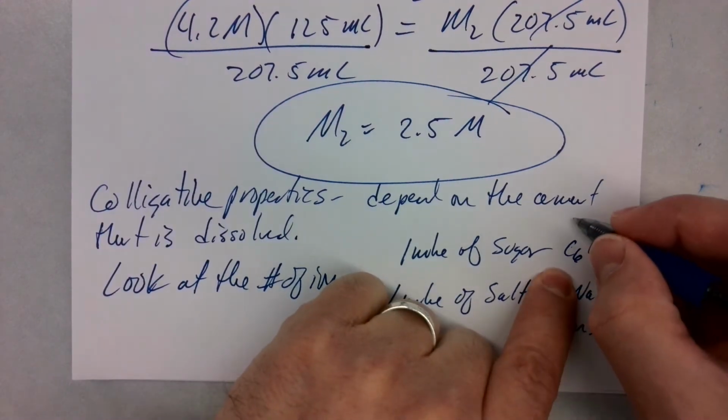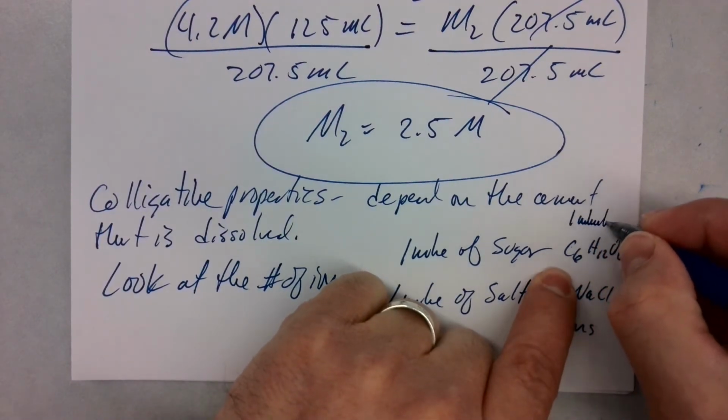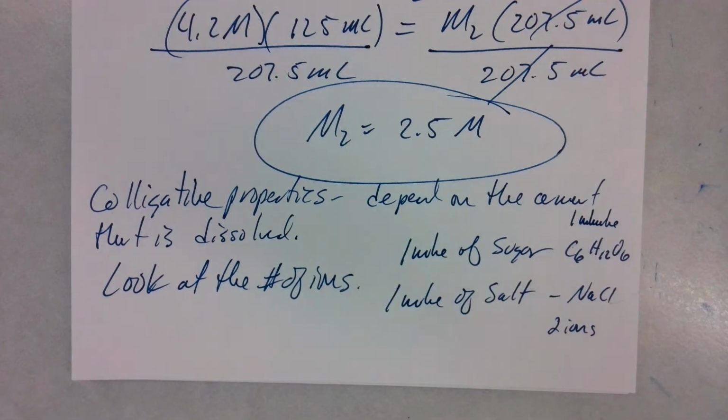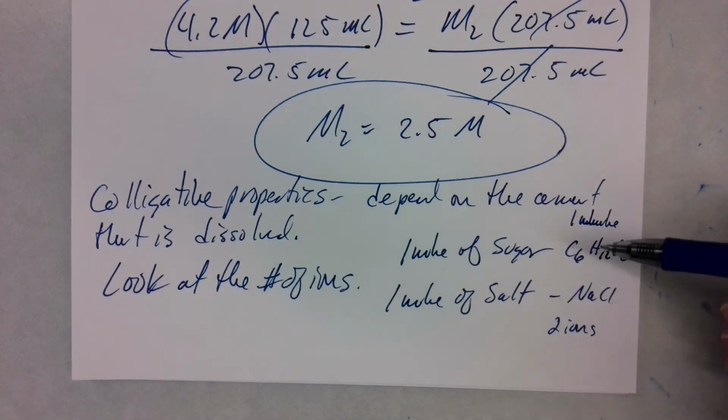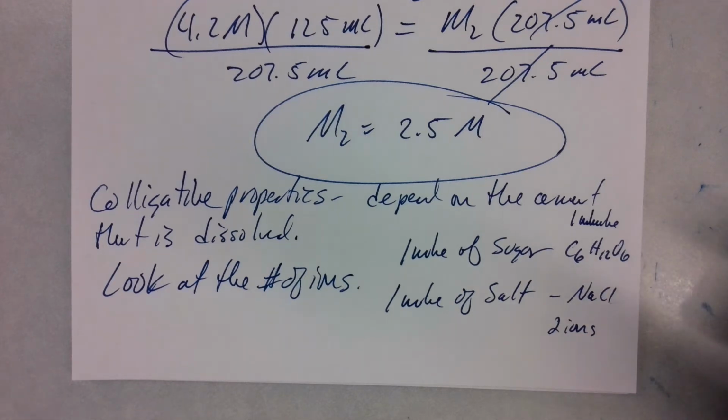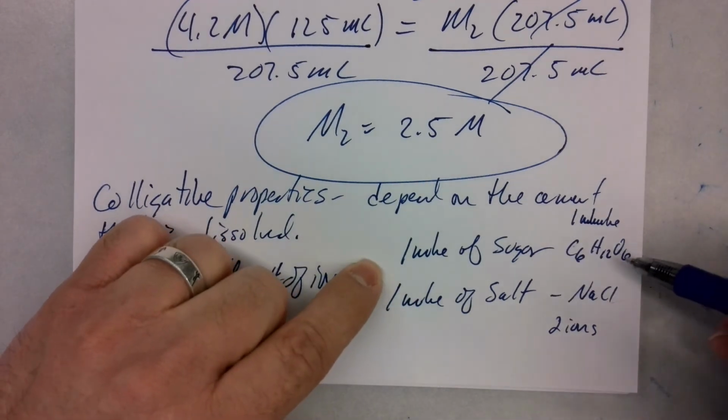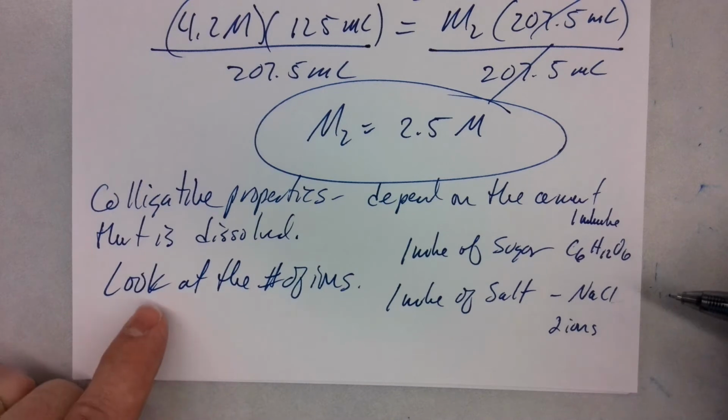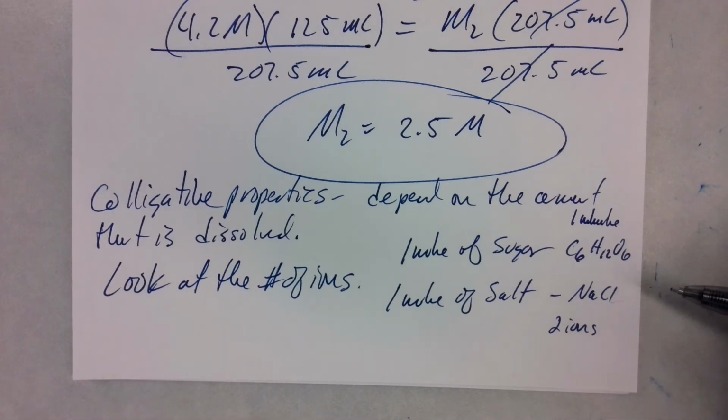This one only gives me 1 molecule, right? Well, the more ions I get, the more I affect the boiling point elevation. The more I affect the freezing point depression. It affects them both, a little differently. So if I have 1 mole of sugar and 1 mole of salt, which one is going to affect my boiling point the most? The salt, because it gives me more ions.